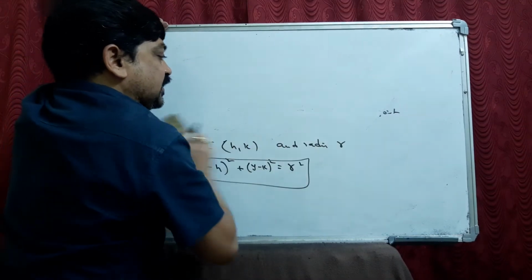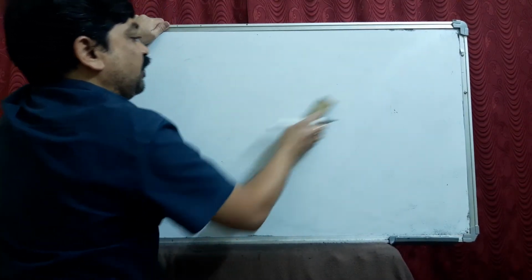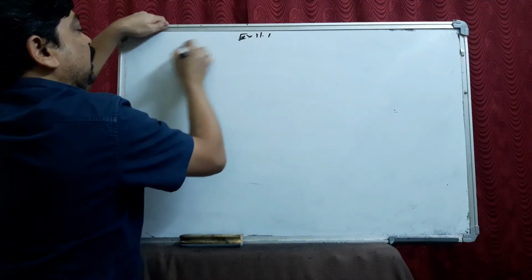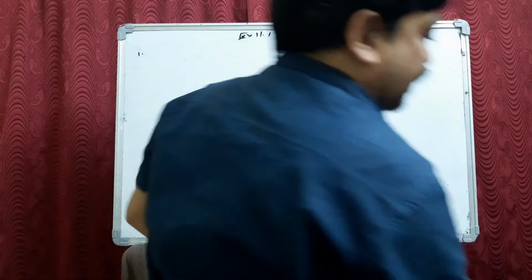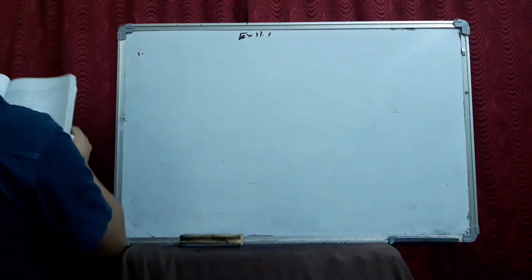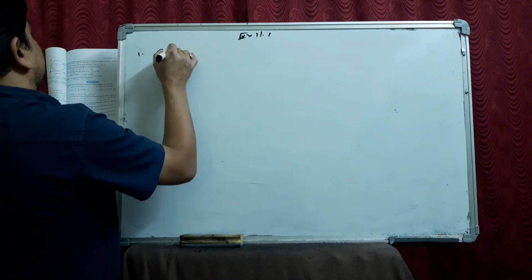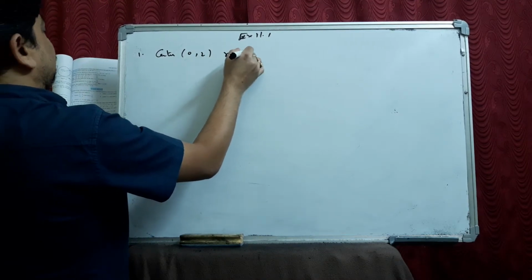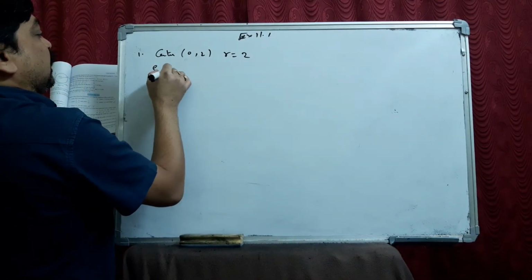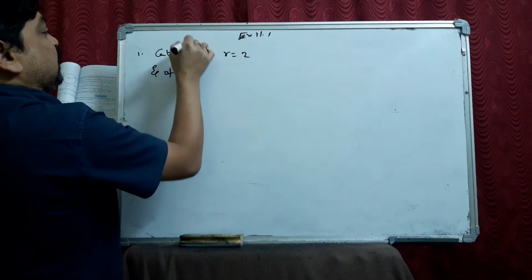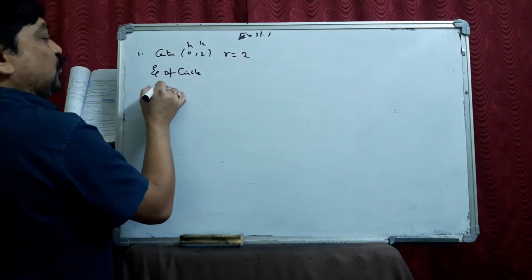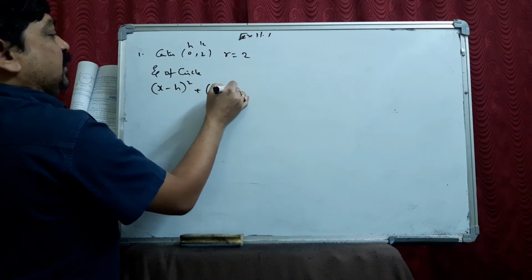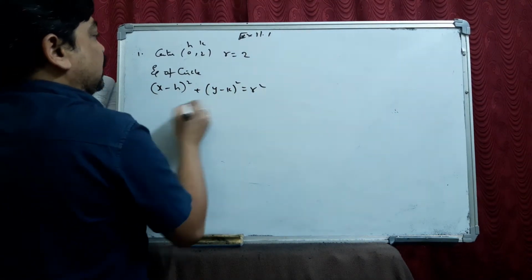Let us start exercise 11.1. See the first problem. What did they say? They have given us center 0, 2 and radius r is 2. Find the equation of the circle. Center we take h comma k, r is 2. The required equation is x minus h whole square plus y minus k whole square is equal to r square.